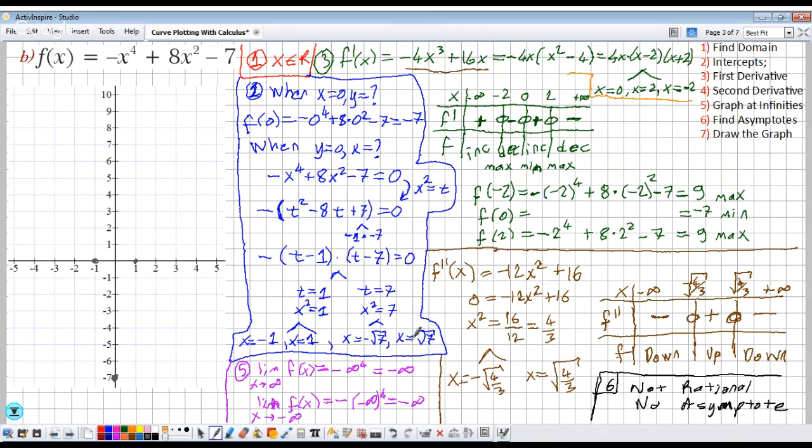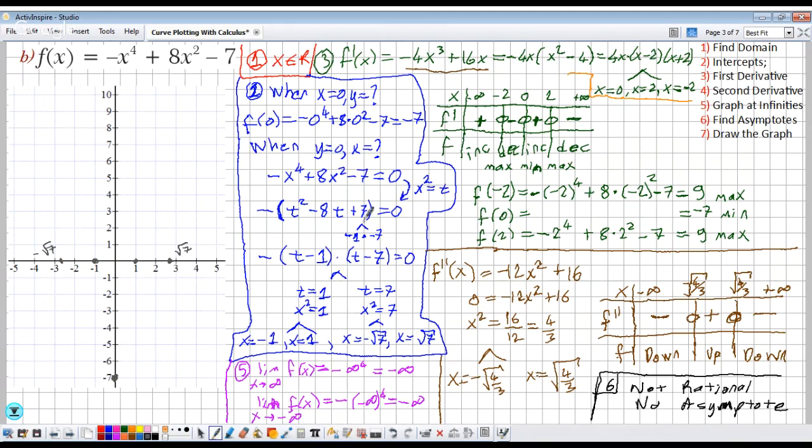Then square root of 7 can be written between 2 and 3, which are square root of 4 and square root of 9. Square root of 7 should be somewhere at this point. Then minus square root of 7 should be somewhere at this point. That means the graph will pass through all of these points.